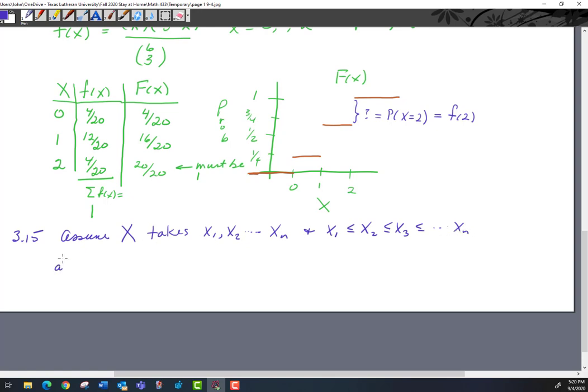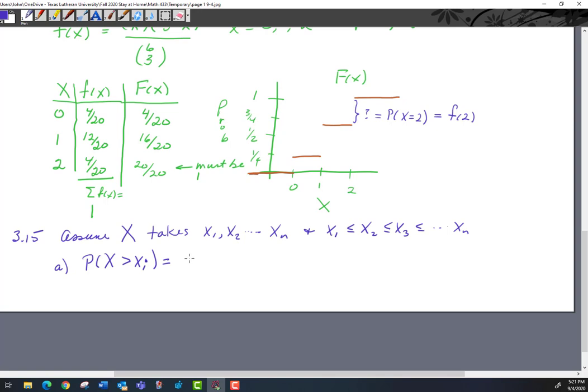And then show part A, the probability that x is greater than xi, any of the i's that would fit between 1 and n, is equal to, well, let's evaluate it. I won't write down the answer and then show, we'll write it down as we go here.